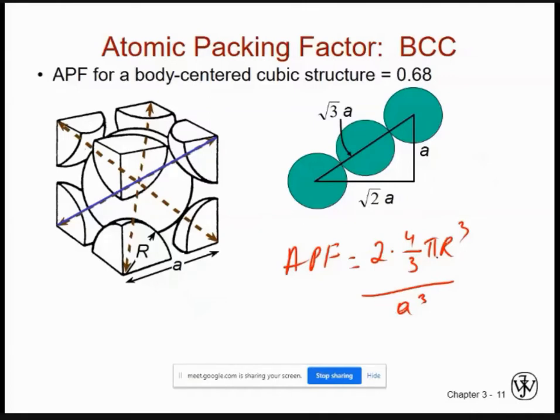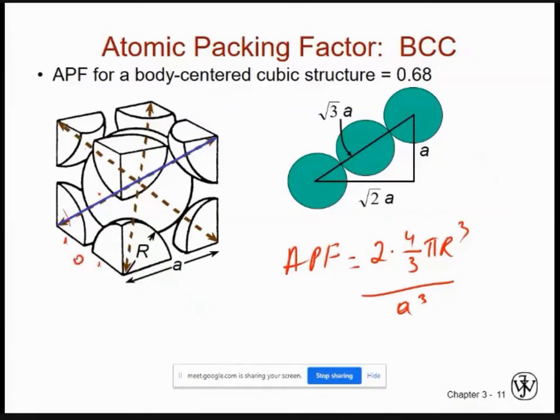Now we will create a relationship between radius and the side A. Here you see that these 2 over here do not touch each other, but I need to create some relationship. We see this corner atom touches the one at the center, and the center atom touches this one at the far back corner. So it is a diagonal.